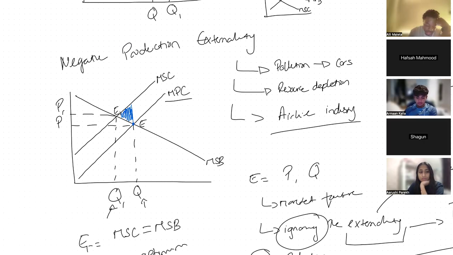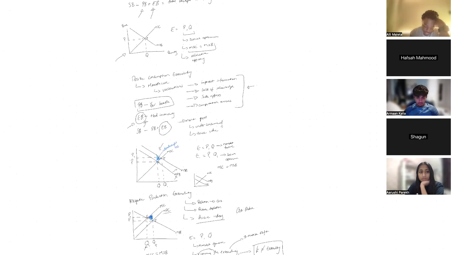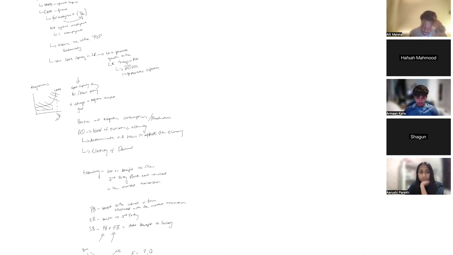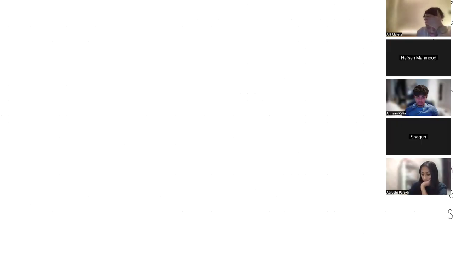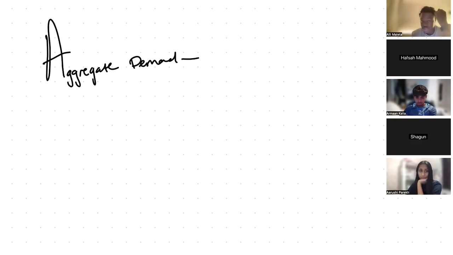So the next part that we were going to talk about was economic activity, and the determinants of aggregate demand. So how would we define aggregate demand? What's our definition for aggregate demand?